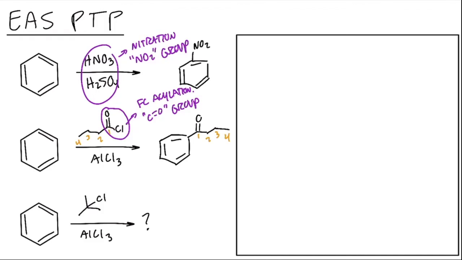So we just did Friedel-Crafts acylation. This one, because it doesn't have that pi bond to oxygen here, it's just boring carbon groups that are all singly bonded. Nothing really super interesting. This is Friedel-Crafts alkylation.